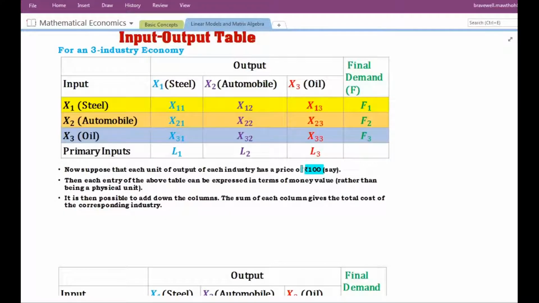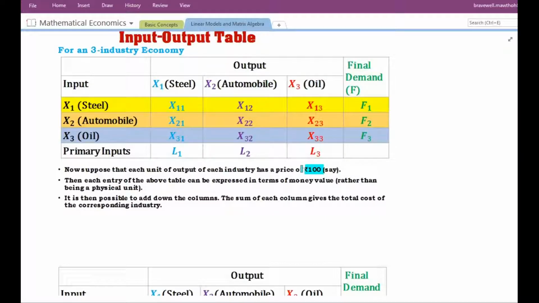Let us assume hypothetically, for simplification purpose, that each unit of output of each industry has a price of 100. Say 1 unit of steel costs 100 rupees, 1 unit of automobile costs 100 rupees and 1 unit of oil costs 100 rupees.